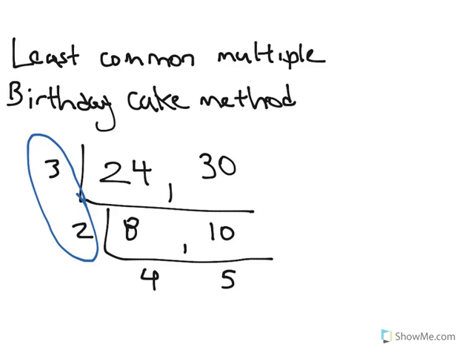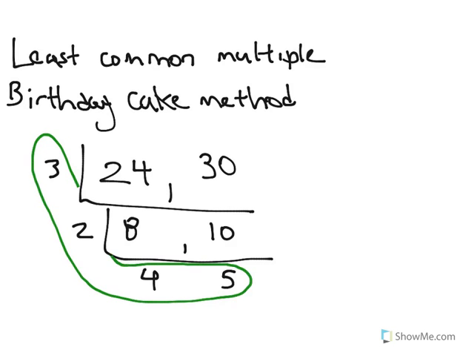That's the greatest common factor for 24 and 30, but we're not looking for the greatest common factor. Instead, we're looking for the least common multiple. So what we have to do is multiply all these numbers together. That's 3 times 2 times 4 times 5. 3 times 2 is 6, times 4 is 24, times 5 is 120.